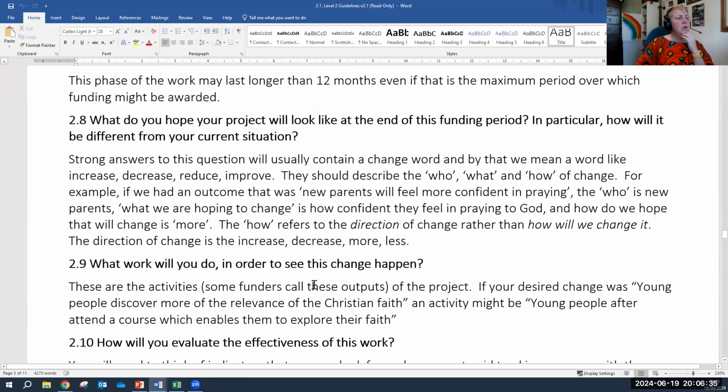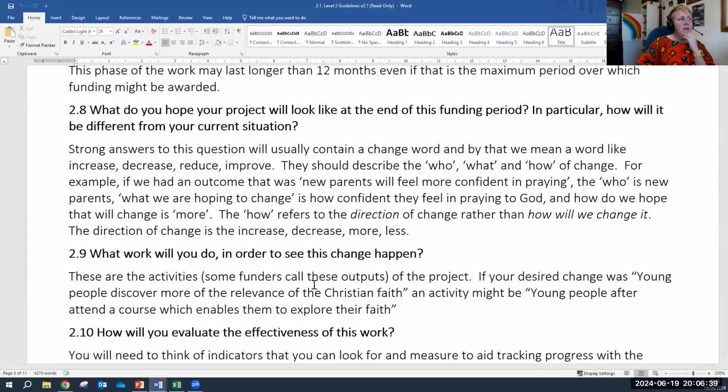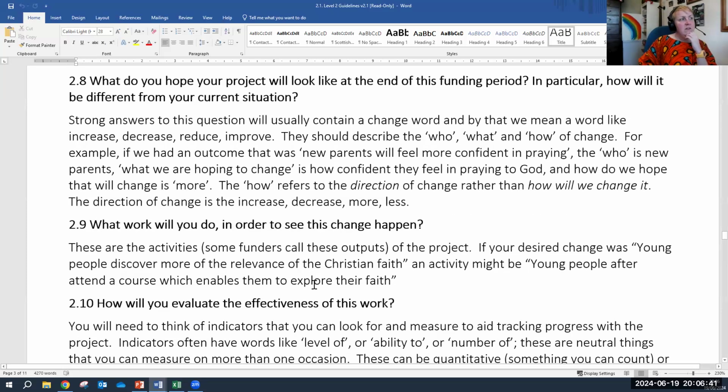So what do you hope your project will look like at the end of the funding period? Strong answers to this question will usually contain a change word. By that, we mean a word like increase, decrease, reduce, improve. They're all changes. They should describe the who, the what, and the how of change.